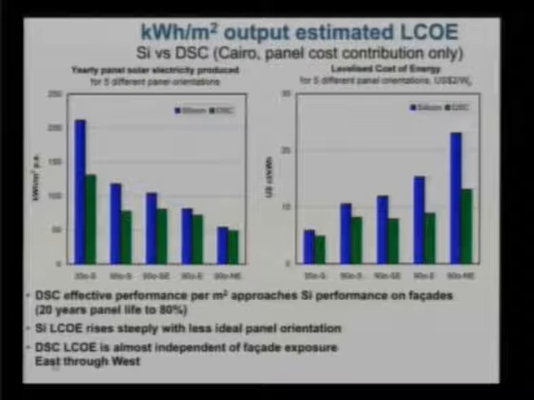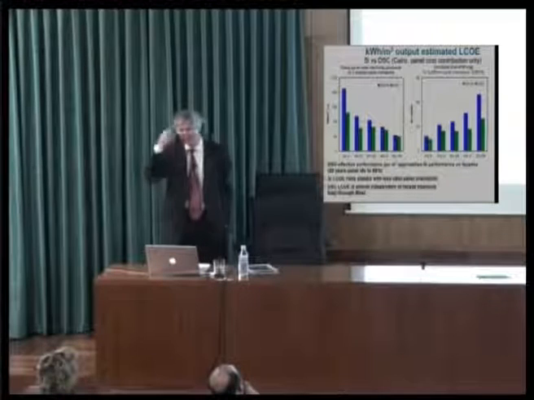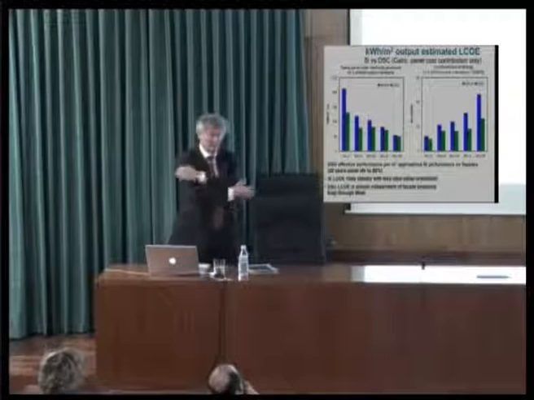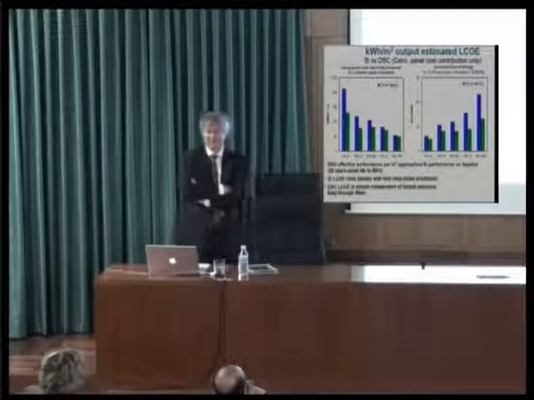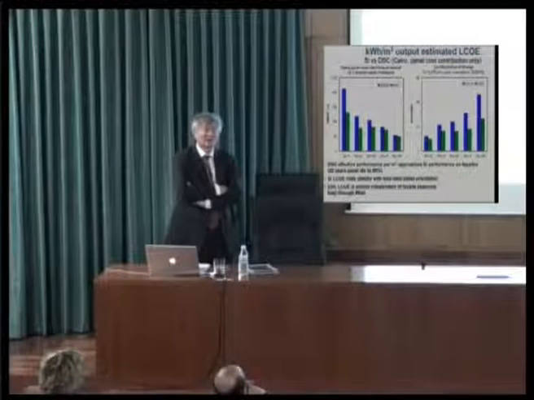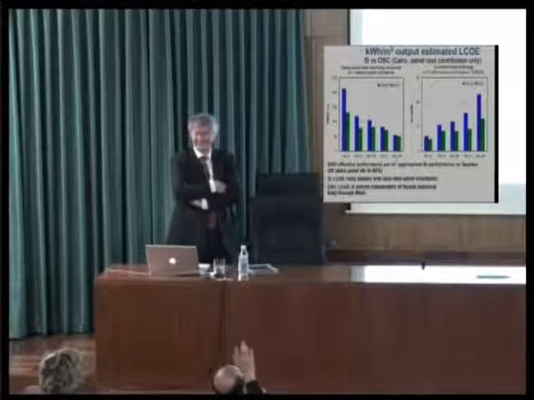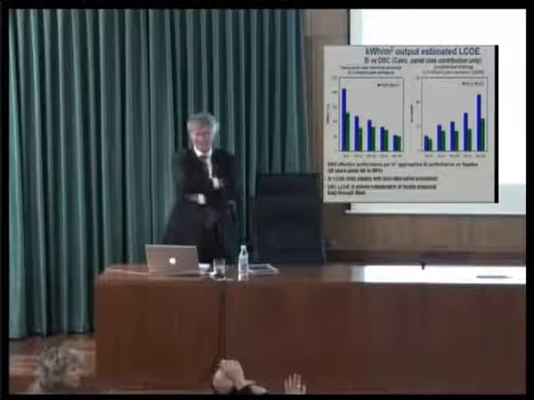At the end, let me just say two more things. One is, what's the cost at the end? A lot of people quote the cost in US dollar per peak watt. Can I ask you, who in this audience is familiar with the notion of peak watt? Okay. Of course, our colleague is.